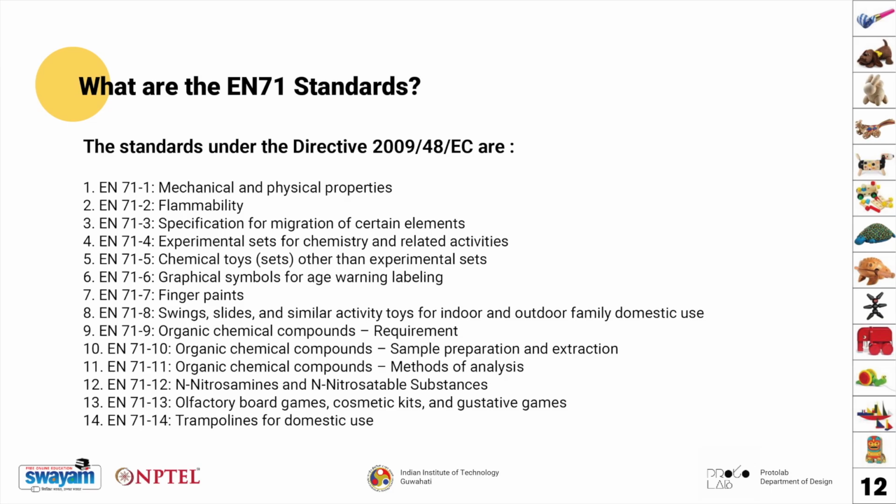2009/48/EC are: 1. EN 71 Part 1, Mechanical and Physical Properties. 2. EN 71 Part 2, Flammability. EN 71 Part 3, Specification for Migration. EN 71 Part 4, Experimental Sets for Chemistry and Related Activities. EN 71 Part 5, Chemical Toys other than experimental sets. EN 71 Part 6, Graphical Symbols for Age Warning Labeling.